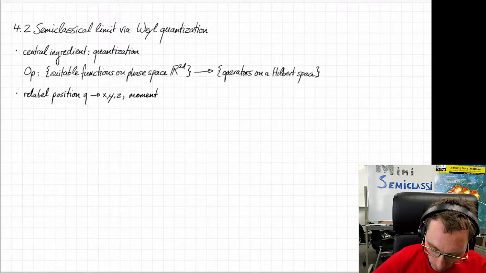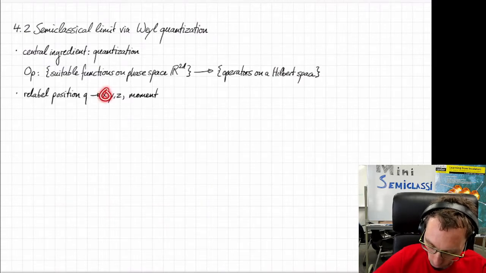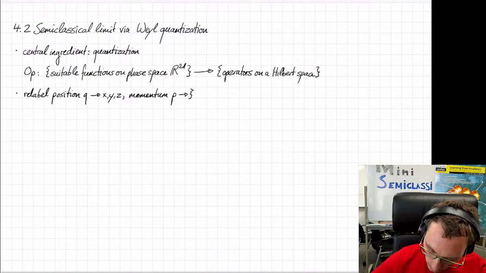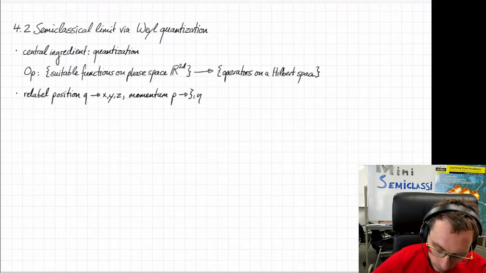These are just different choices. Then you have momenta, which were initially labeled p, now are psi, eta, and zeta. And these form pairs, which are points in phase space.